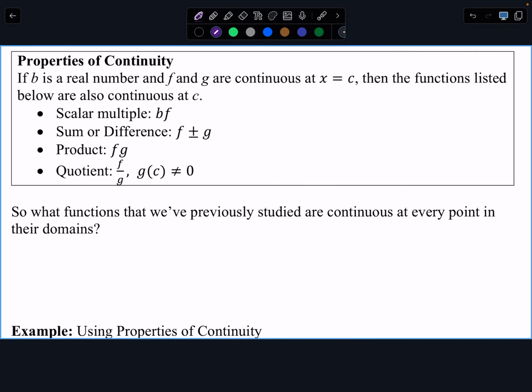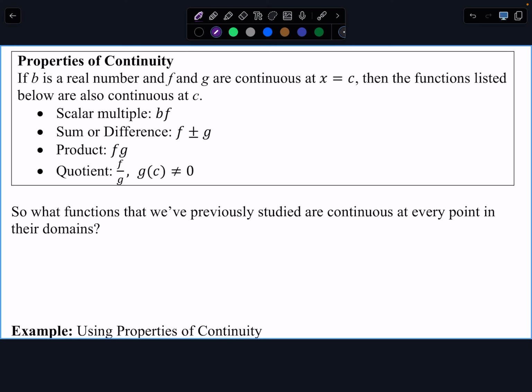So properties of continuity are pretty straightforward. I'm going to go through this kind of quickly. This should feel very like deja vu. Basically, if you're thinking about functions being created from other functions, and the functions that are the parts of the new function are continuous at a point, then the new function should also be continuous.